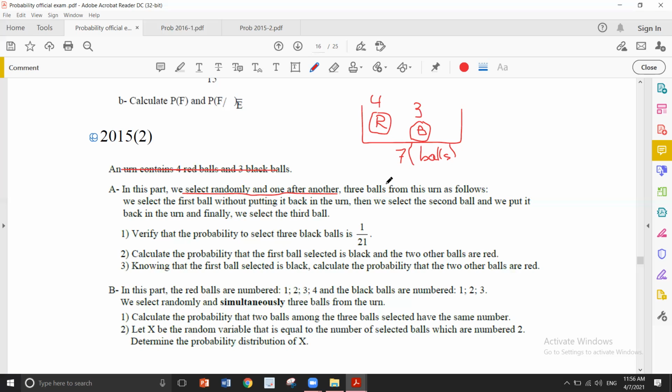We are going to take 3 balls successively as follows.